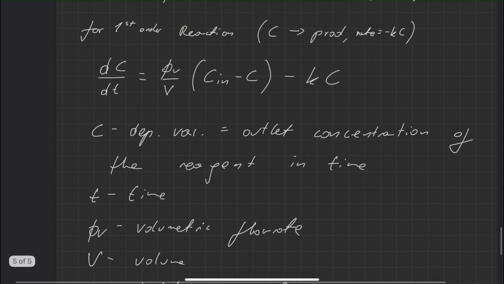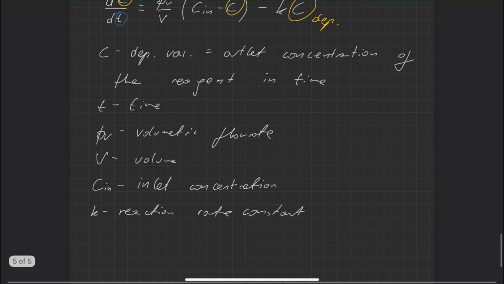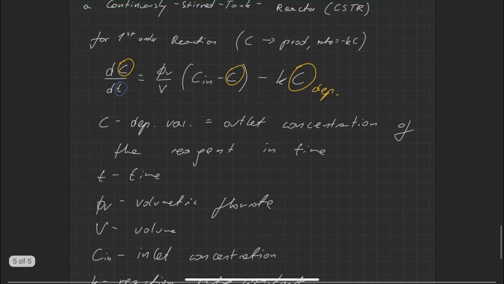What is important is to check what is the constant, what is an independent variable, and what is our dependent variable. So this is the dependent variable, the equivalent of y, and this is our independent variable. The rest is just a constant. How I would approach this problem is, first of all, open all the brackets.